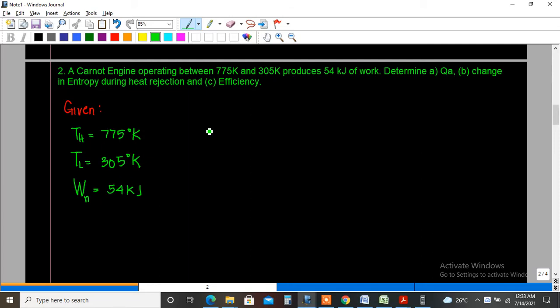So first we have to determine the QA. Remember that efficiency of the cycle is equal to work net over QA. Okay, so efficiency is not given. Work net is given, 54. But efficiency is also equal, class, to high temperature minus low temperature over T high.